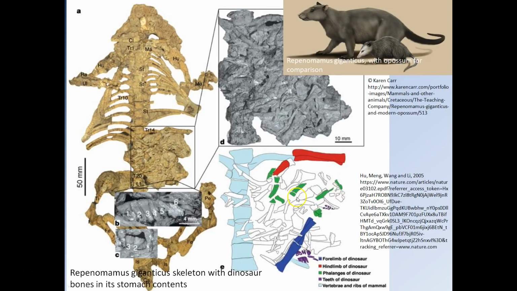And when we zoom into the stomach contents, we can see that it consists of dinosaur phalanges marked out here in green, the hind limb of a dinosaur marked out here in red, dinosaur teeth marked out down here in purple, and forelimb bones from a dinosaur marked out here in blue. So amongst some of the stuff, it was eating small or juvenile dinosaurs.